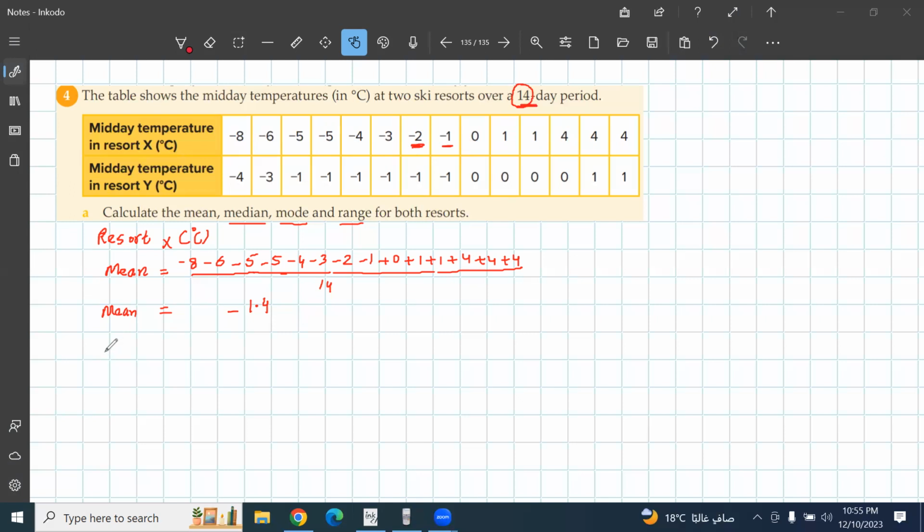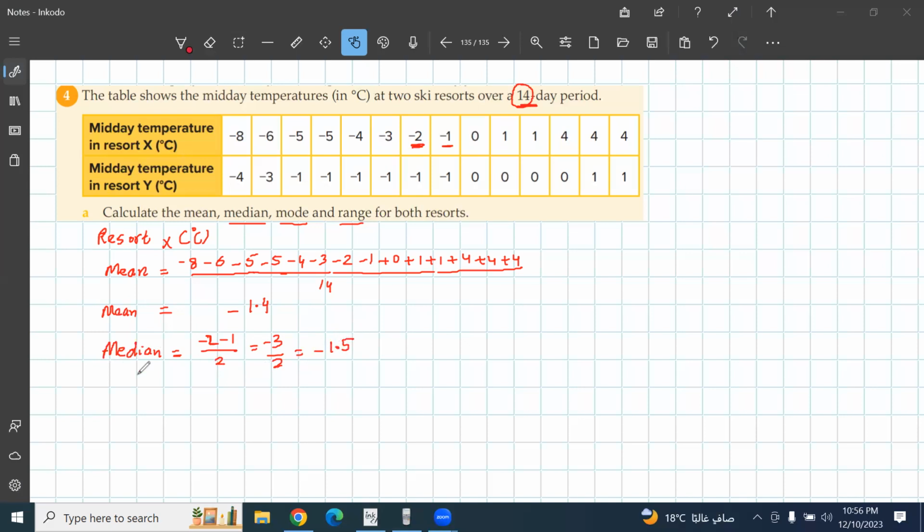It means our median is equal to the mean of the middle two values, -2 and -1, divided by 2, which is equal to -3/2, and this is equal to -1.5.